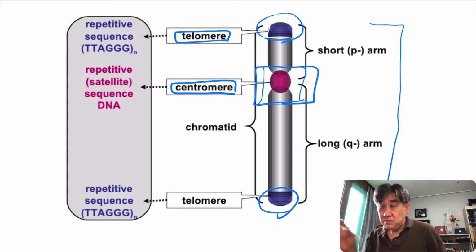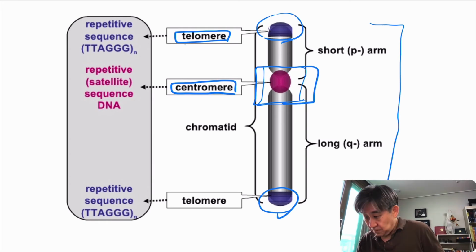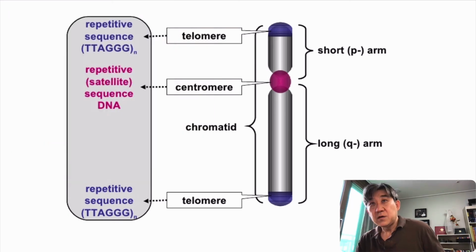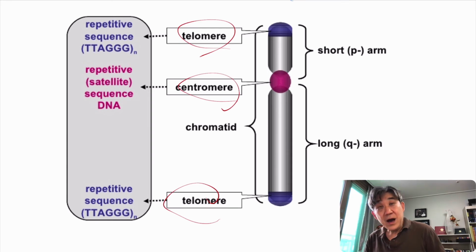But mostly speaking, and also characteristically speaking, if you look at the chromosomes, the telomere as well as the centromere are almost always in a heterochromatin structure, which is more highly condensed.